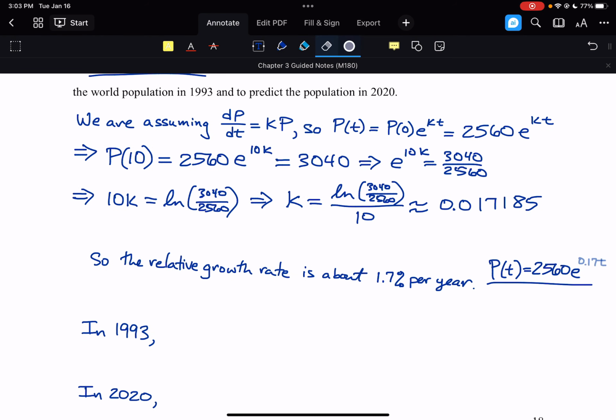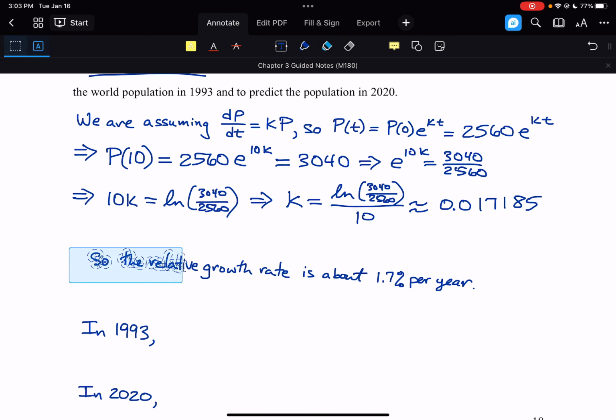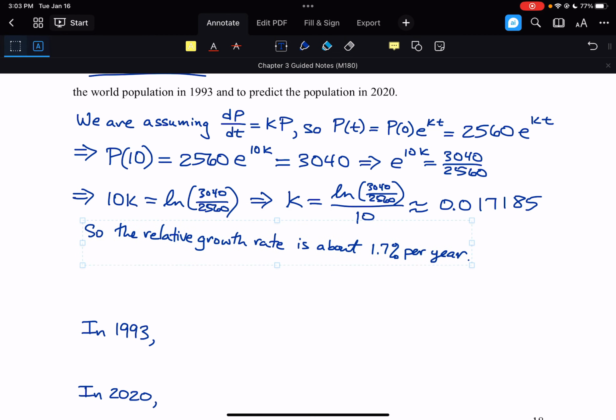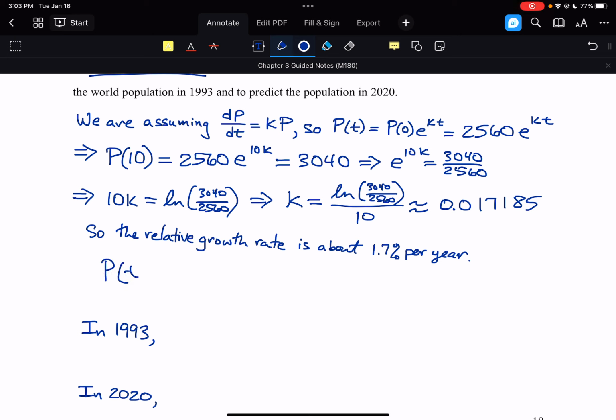Actually, let me fix that. So that's going to be 2560 e to the 0.017185t. I'll go ahead and put the whole number. Better to be too accurate than not accurate enough.